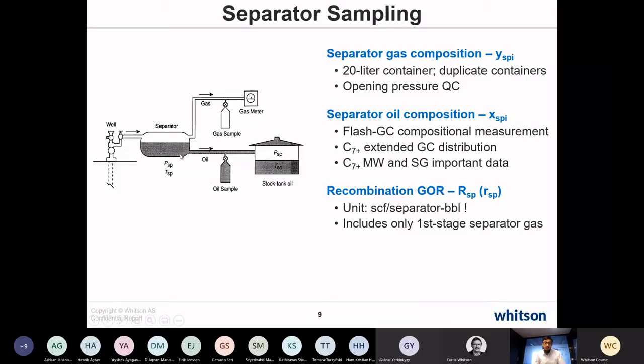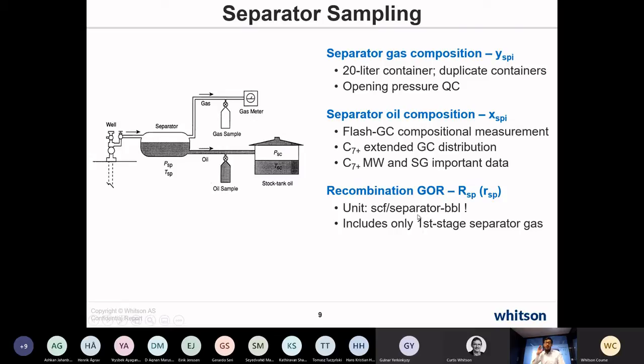In that case, the unit of the recombination ratio used by the lab for the wellstream composition calculation should be standard cubic feet of the separator gas produced divided by the oil volume at the separator conditions. So that should be the separator barrel.